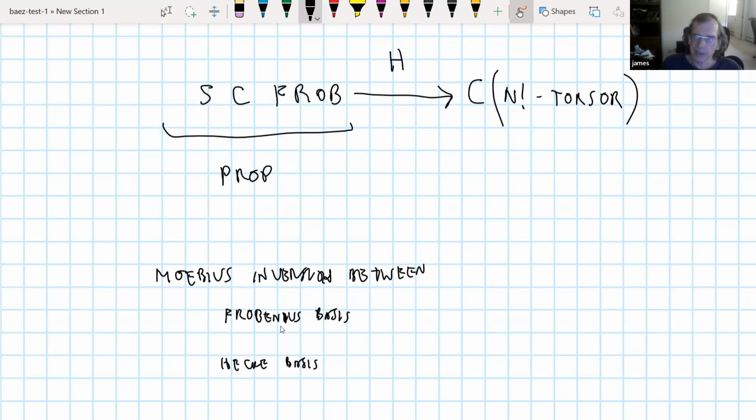Can you describe how this is supposed to work? You're trying to describe how you get the Hecke basis from the Frobenius basis. Well, I'm trying to sum up the whole big conceptual picture without getting into too much of a rabbit hole here.